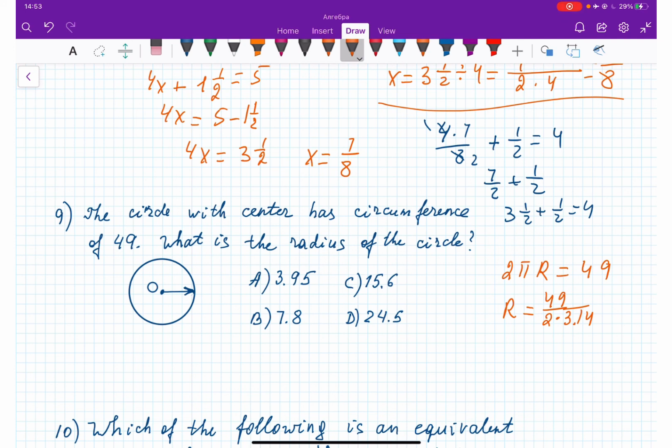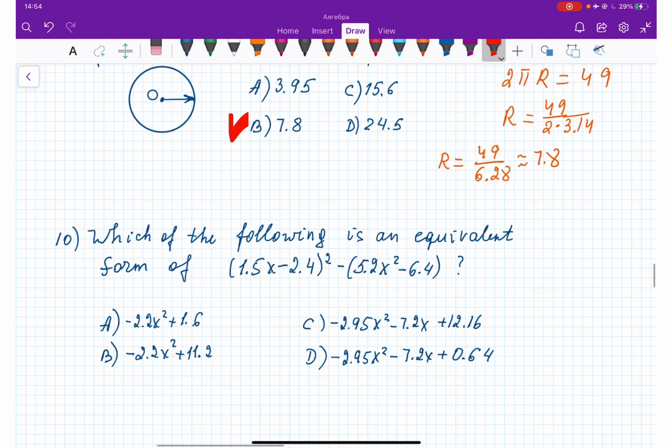So r is equal to 49 divided by 6.28. Let me divide. 49 divided by 6.28, and we are getting 7.8 approximately, which is going to be B.